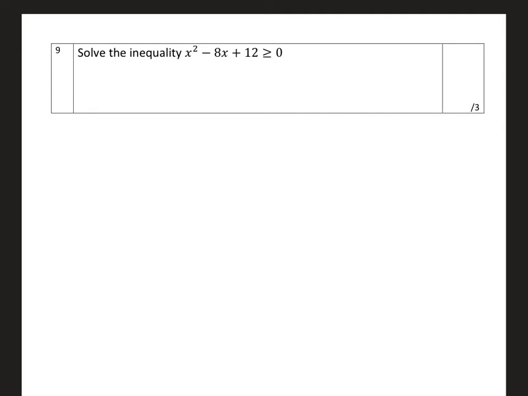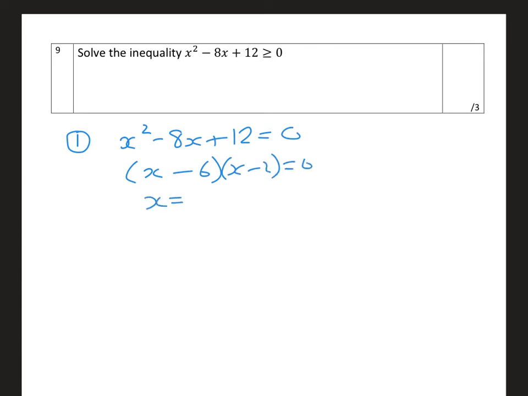Solve that inequality. Well, to solve an inequality, step 1 is to solve it as if there was an equal sign there to get my critical values. So if I solve it, I get x minus 6, x minus 2 is equal to 0. So x is 6, x is 2, they're my critical values. So that means that's going to be the boundary of my regions that work.